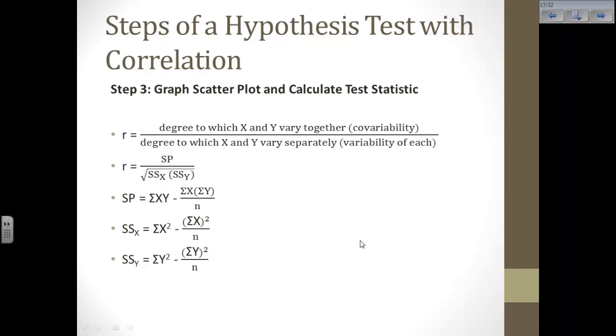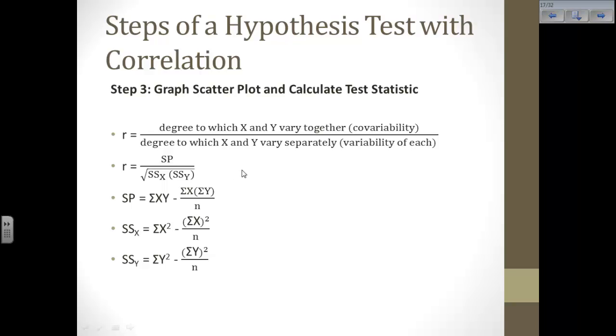Well, for R, the numerator, which is also called the sum of products, it's kind of like the sum of squares, but instead of measuring the variability for one variable, it measures the covariability for two variables. And then the denominator, just like in ANOVA, where sum of squares within, you were just combining the sum of squares for each group. That's the same thing that you're doing in the correlation coefficient. You're combining the separate variability for each variable.